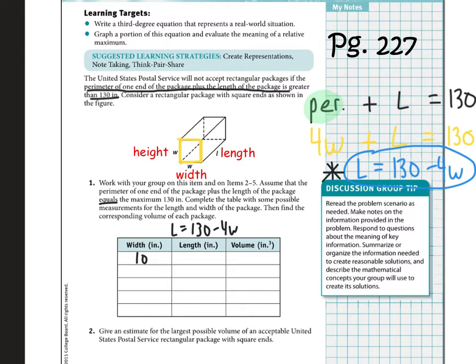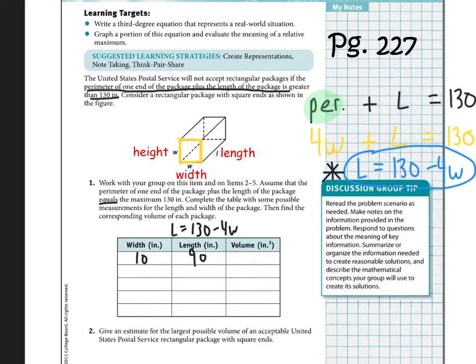So if we make up a width, let's say 10, we can find the length. 130 minus 4 times 10 gives me a length of 90. That makes the perimeter: the one end would be 10 plus 10 plus 10 plus 10, or 40, and then plus the 90 gets us to the full 130.